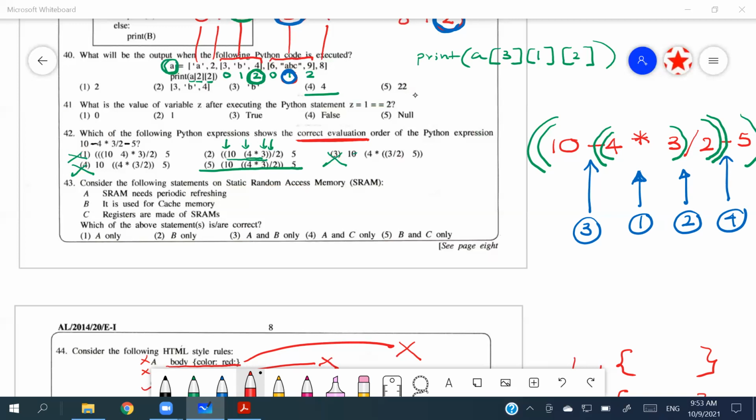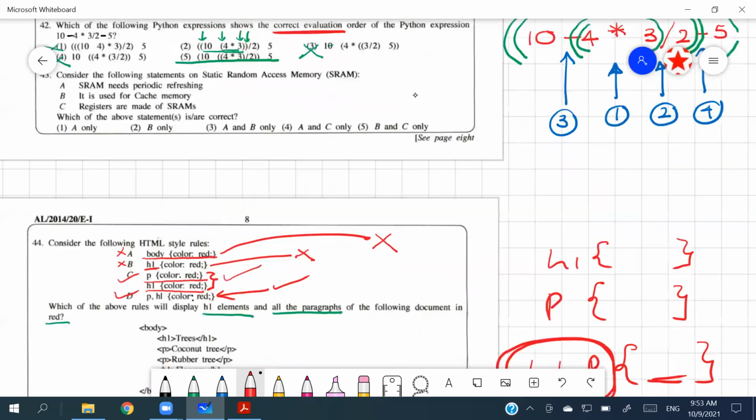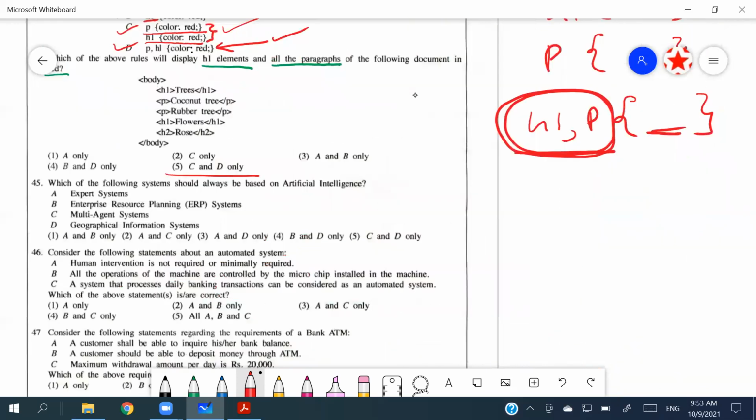Okay. Right. So the next one is the 45th. Which of the following systems should always be based on artificial intelligence? Always be based on. So expert system without a problem, it is an artificial intelligent, one of the techniques, right?